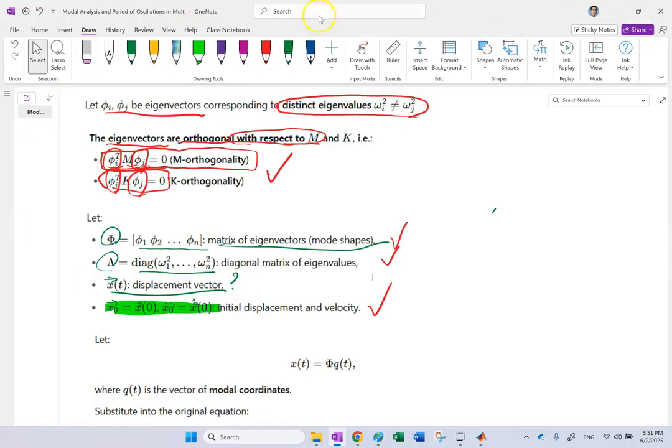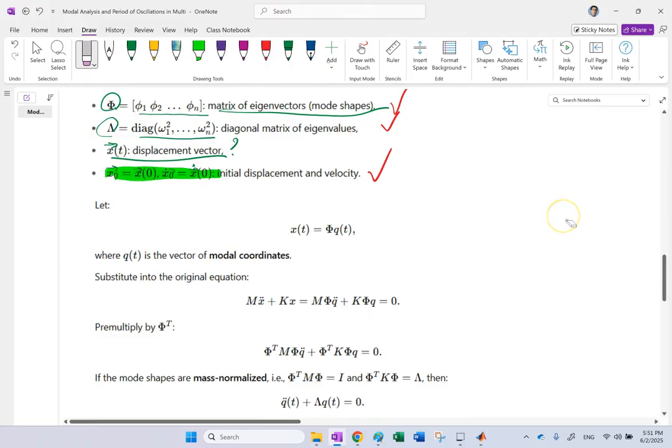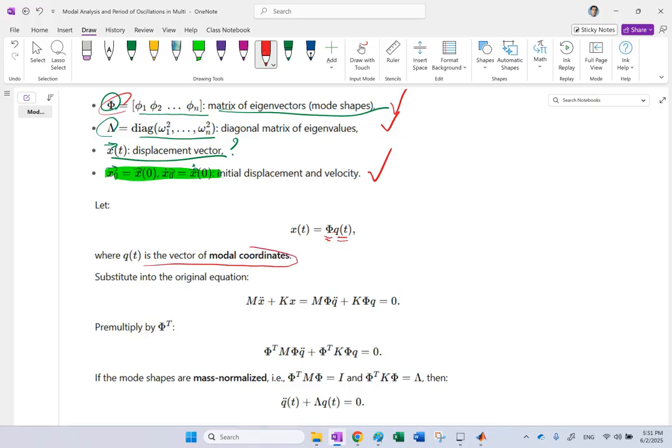Now, how do we solve it? Here, instead of solving it directly for x, I'm going to transform my variable from x to the new variable q, where x is equal to phi times q. And what was phi? Phi was the modal matrix. So I say, if x is phi times q, what's going to happen? By the way, this q that you get from here is called the modal coordinates.